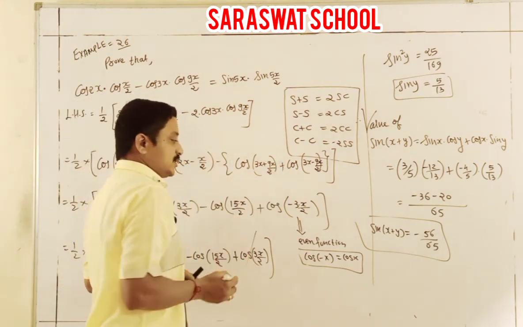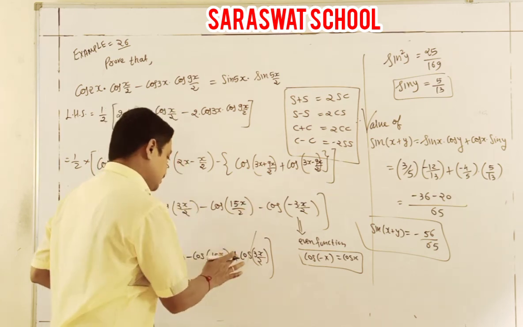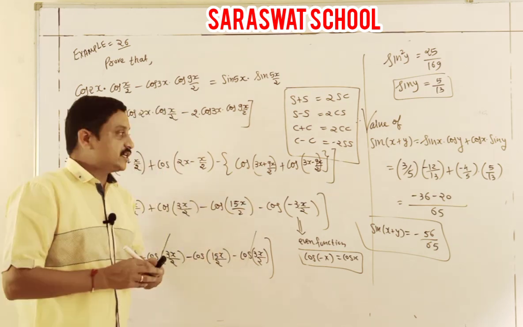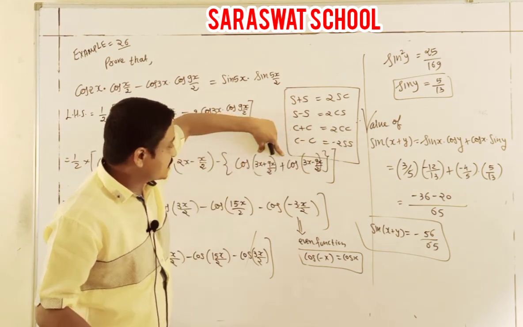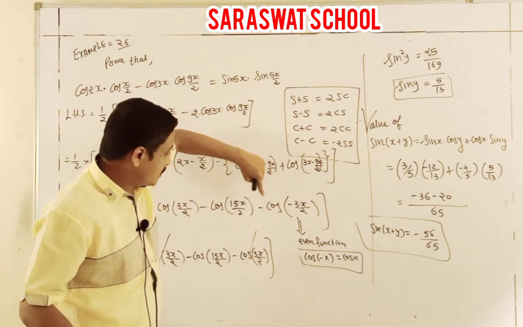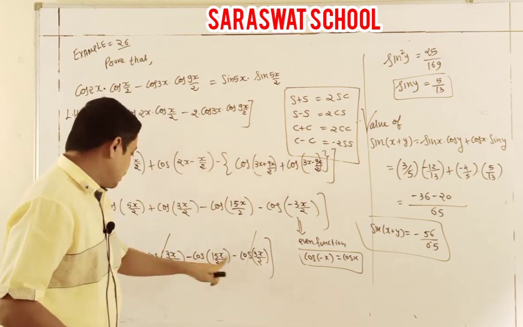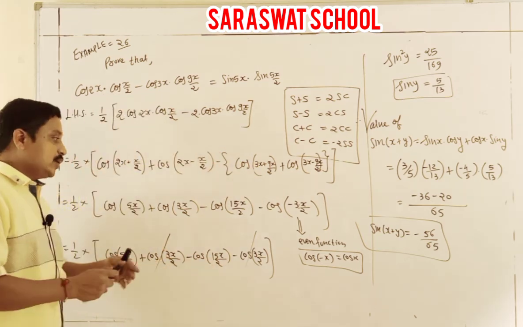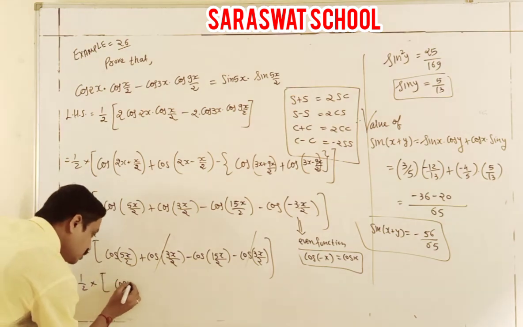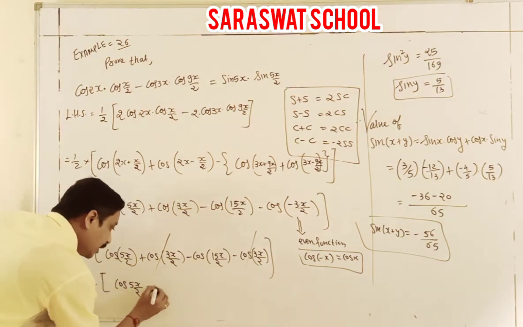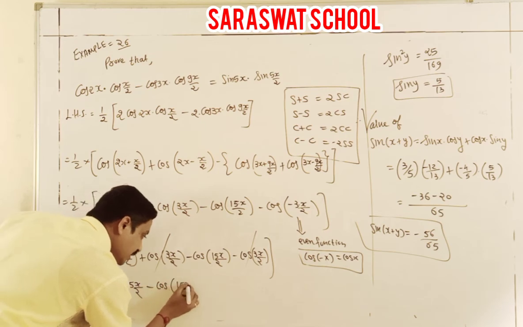Students, here 2cc means c plus c, and here already minus, and that's why this minus. My mistake is clear. 2cc means c plus c, and this minus and plus is minus, and this minus already plus, cancel there. You have only half cos 15x by 2 and minus cos 15x by 2.